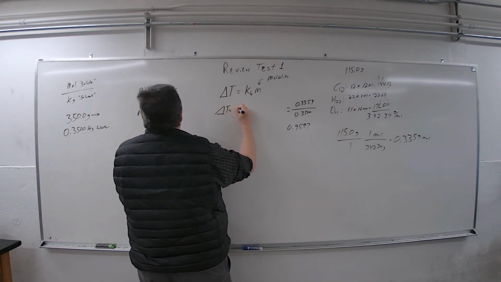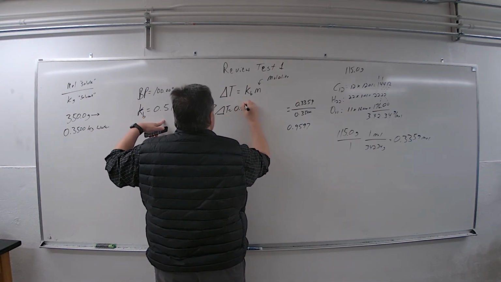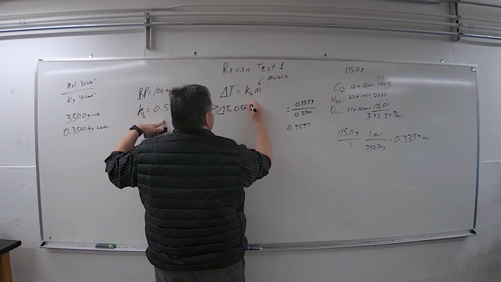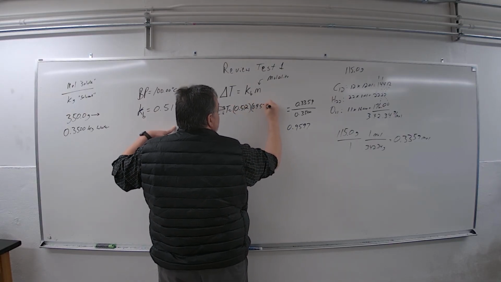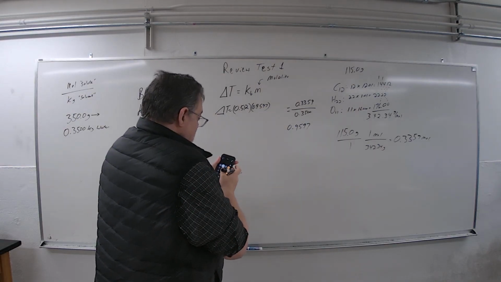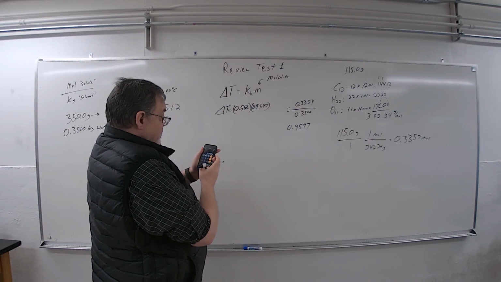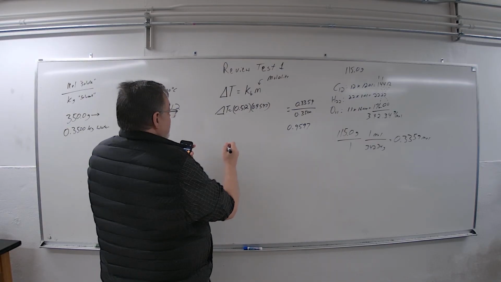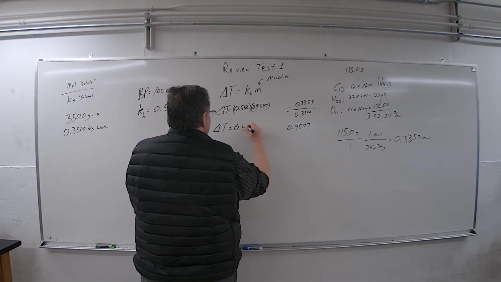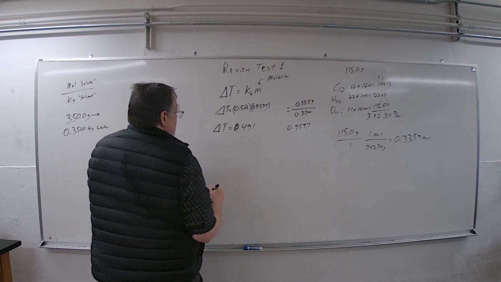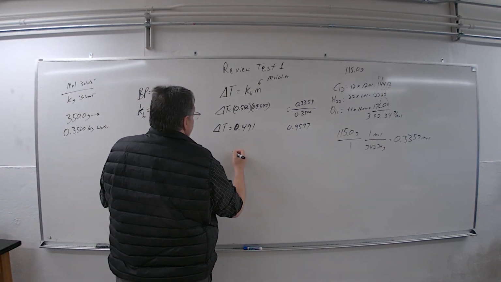Delta T equals this. 0.9597 times 0.512. Delta T equals 0.491. I think I just did that. This is 0.5.